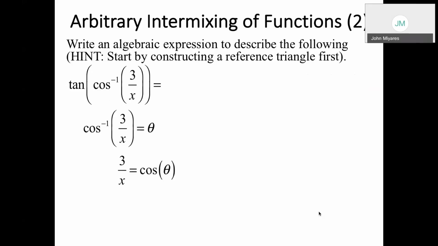So try to construct a reference triangle on this one and use the Pythagorean theorem to solve for the missing side. Once we have that, we can evaluate the tangent. Pause this video and try this one on your own for a little bit.